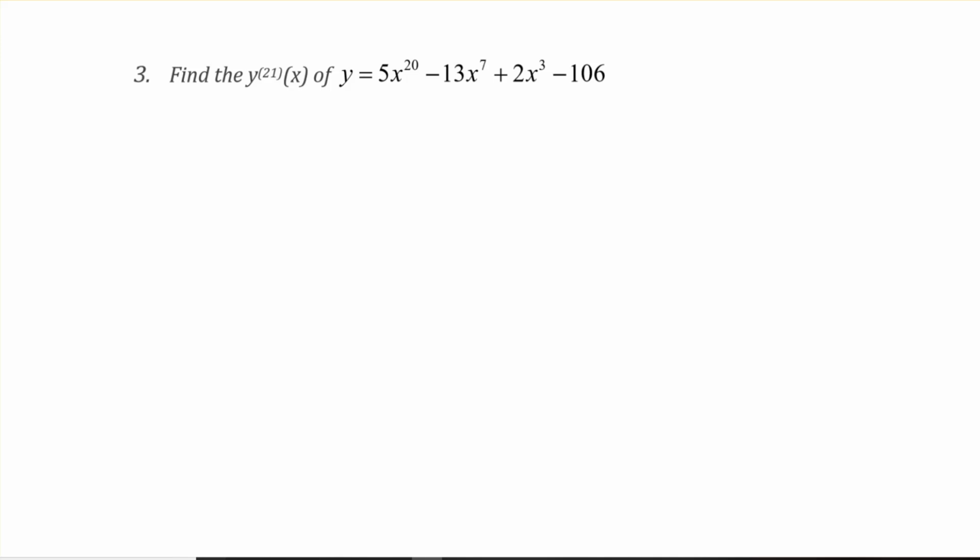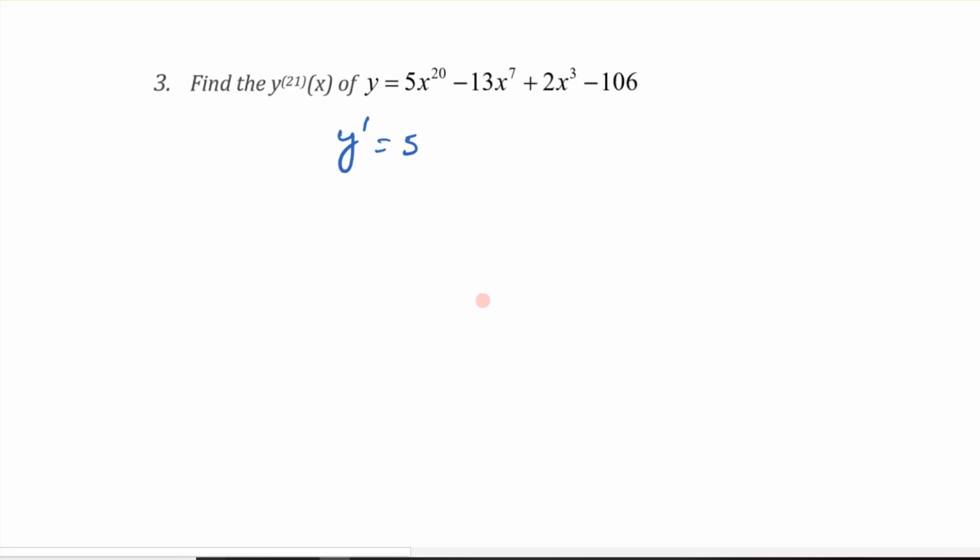So we start by taking the first derivative of this function. So the first derivative would be: the derivative of x raised to power 20, bring the power down, reduce the power by 1, and then negative. Bring the power down, reduce the power by 1.